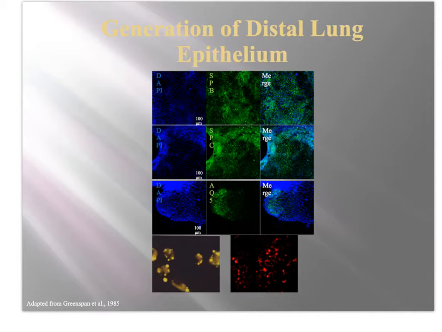Seeing that we had expression of the surfactant proteins, we thought that perhaps we might be getting lamellar bodies in the cells, which are structures that transport surfactant protein to the cell membrane to be exocytosed. So to look for that, we used a stain called Nile red.